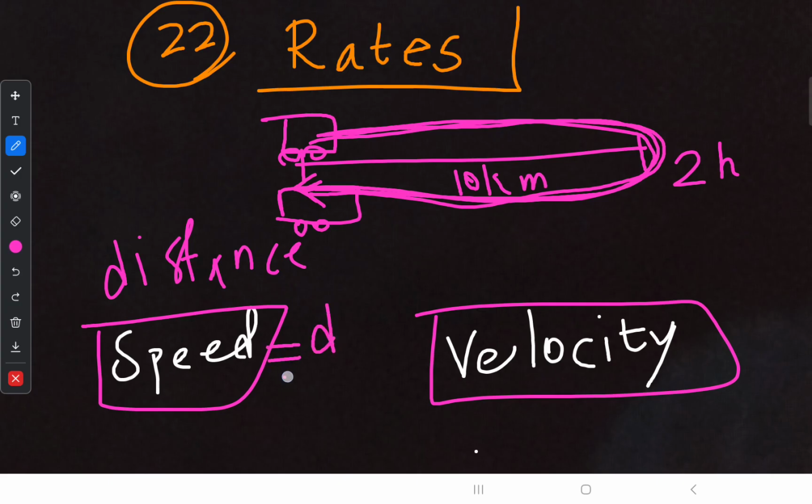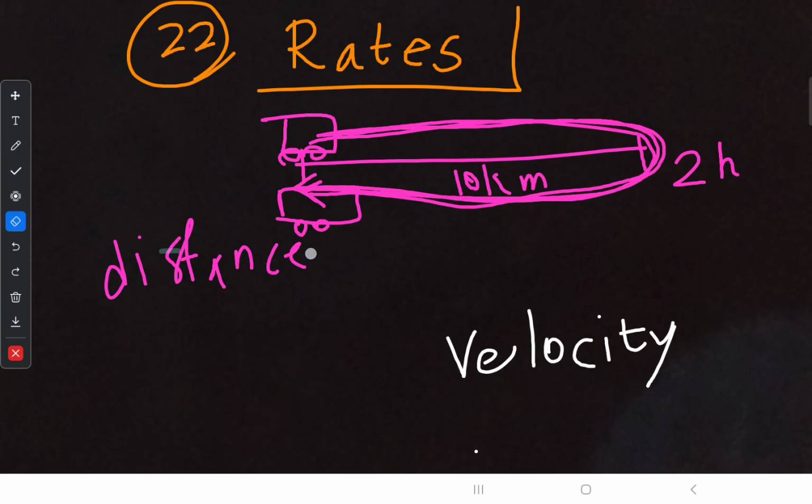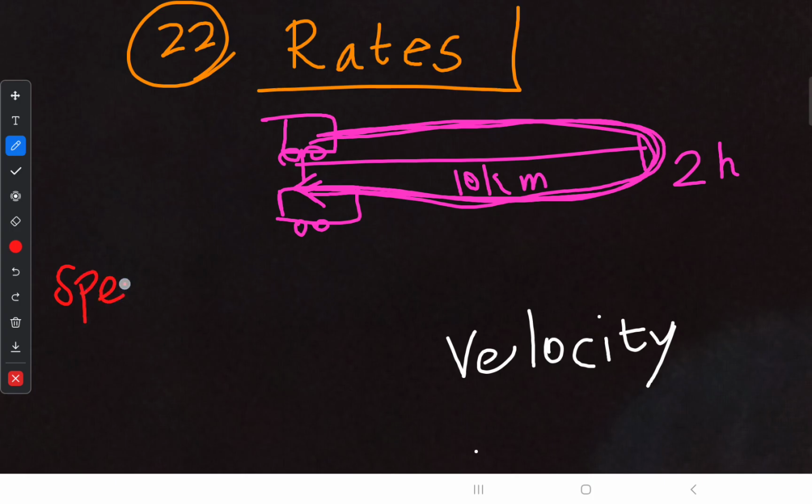Speed means distance upon time. When I try to find the distance for this question, how much distance it traveled, I'll write this equation for speed: speed equals distance upon time.